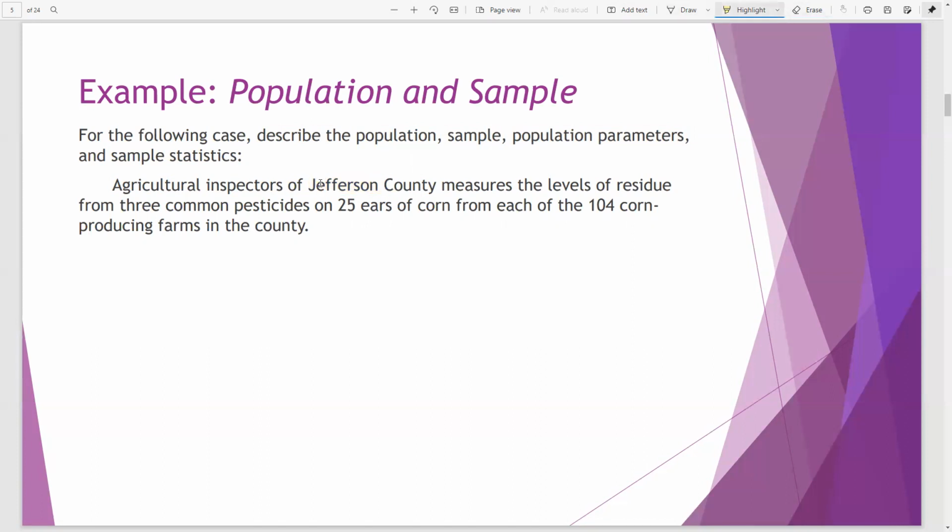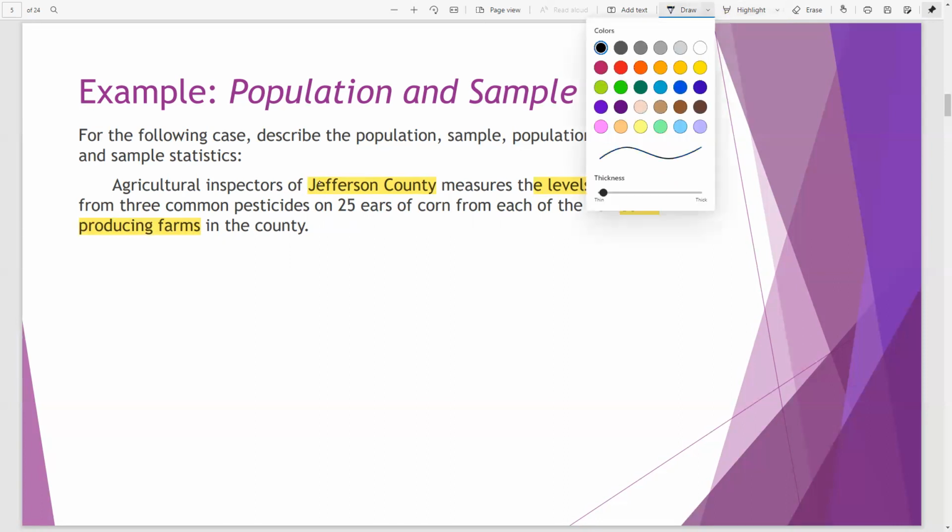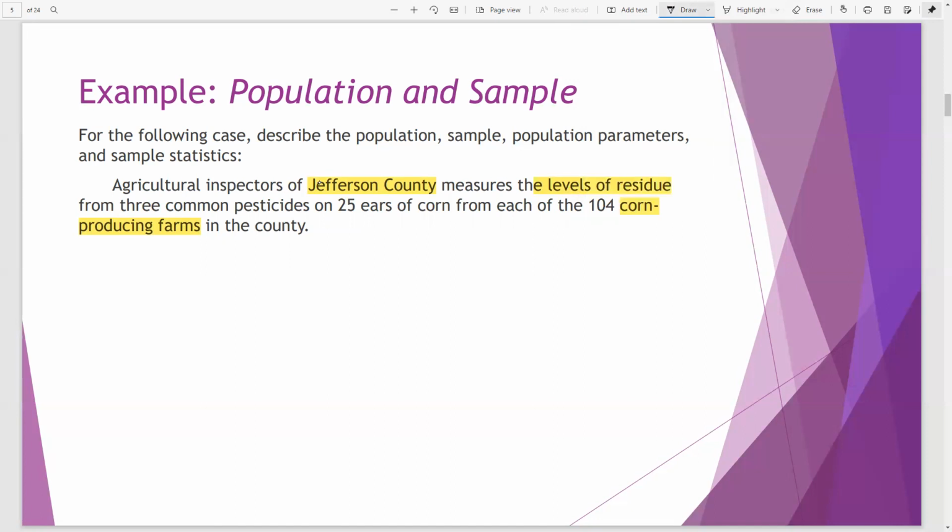So Jefferson County is the place, and they want to measure the level of residue in the corn producing farms.